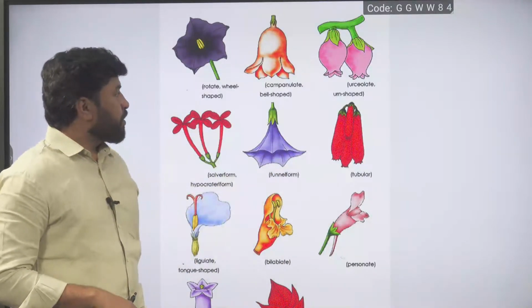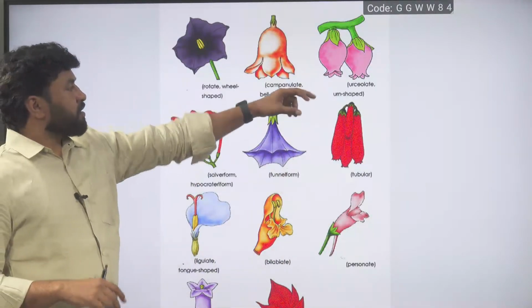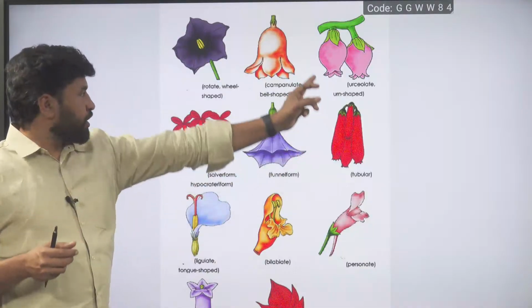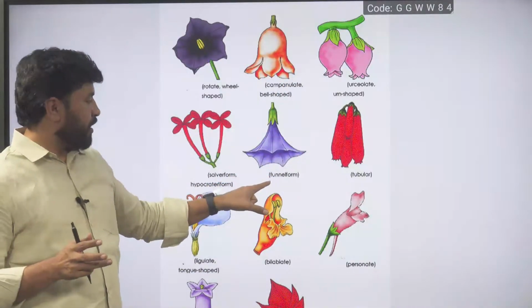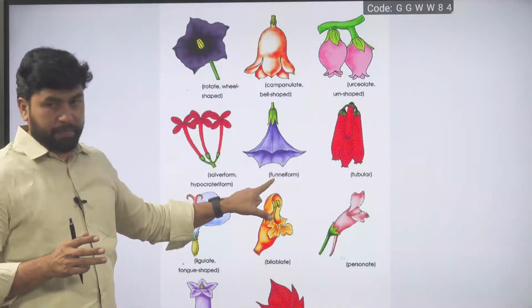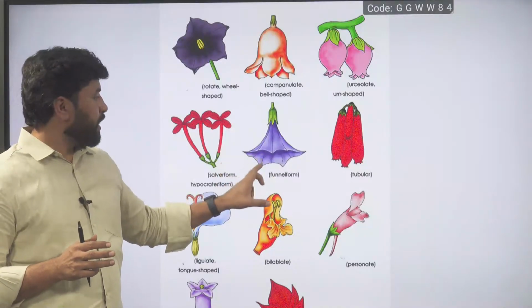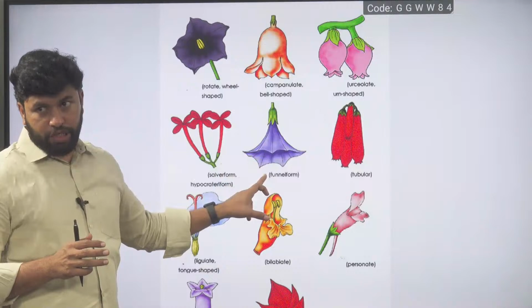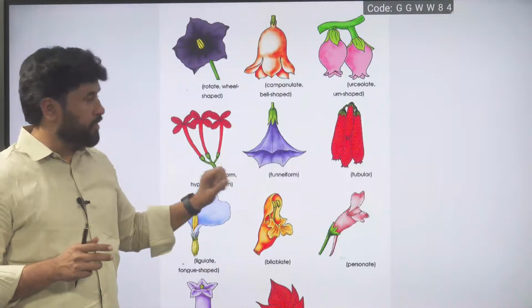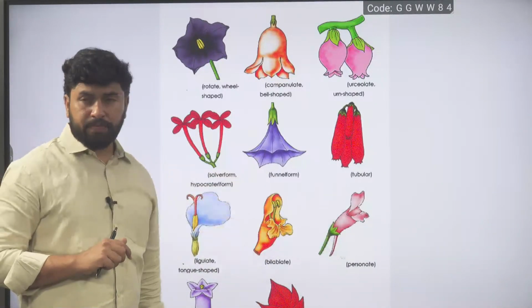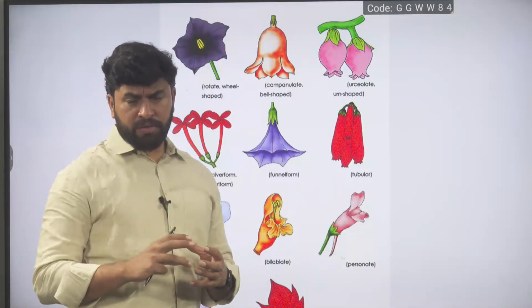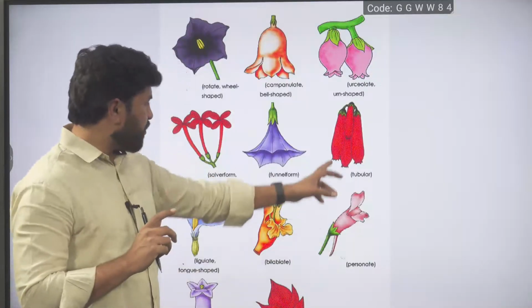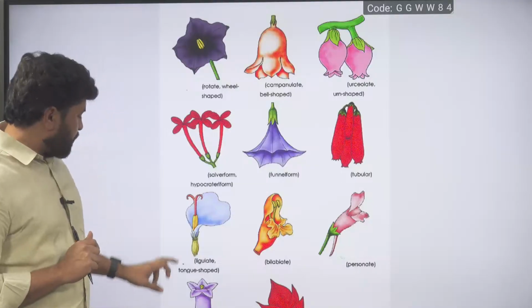And then there's a pot shaped structure, also given in our NCERT book, and funnel shaped, infundibuliform, in case of datura. Chibula in case of tobacco. And also various members have tubular shape.